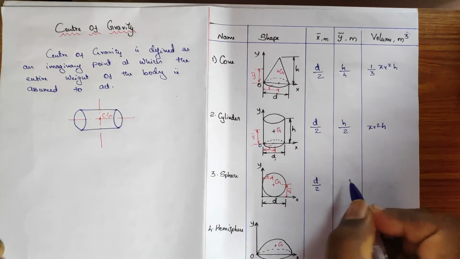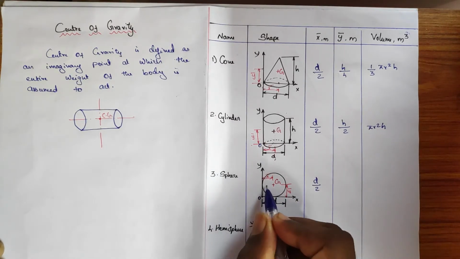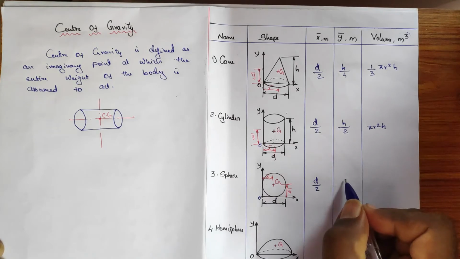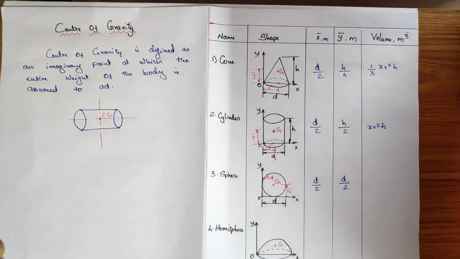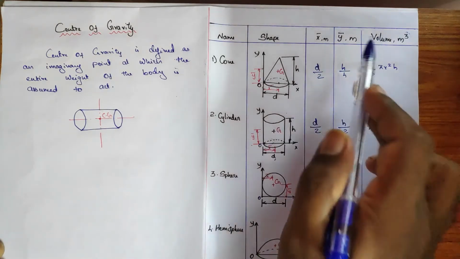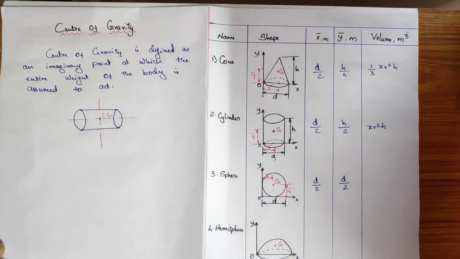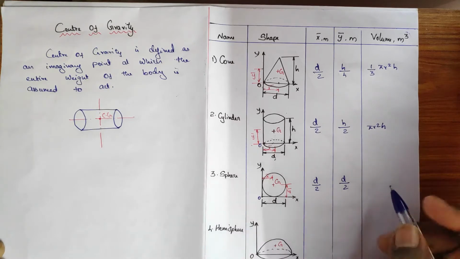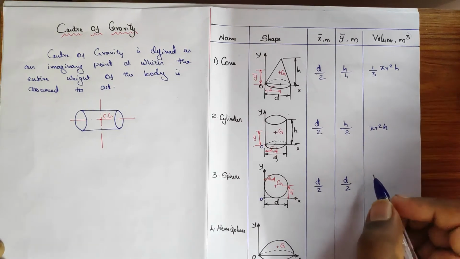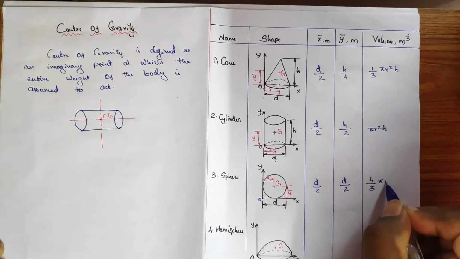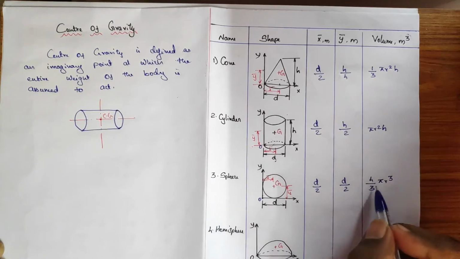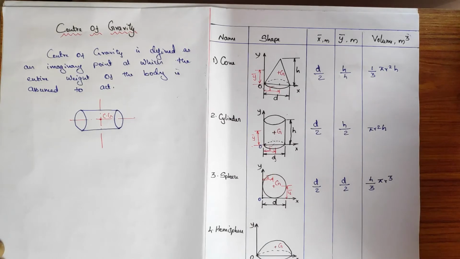Here as well, in the y direction from O to this particular point G, it is also d divided by 2. Here the diameter I have taken as d, so the x bar and y bar are d divided by 2, okay, fine. So volume of sphere is 4 by 3 pi r cube. Keep it in your mind, 4 by 3 pi r cube, okay.